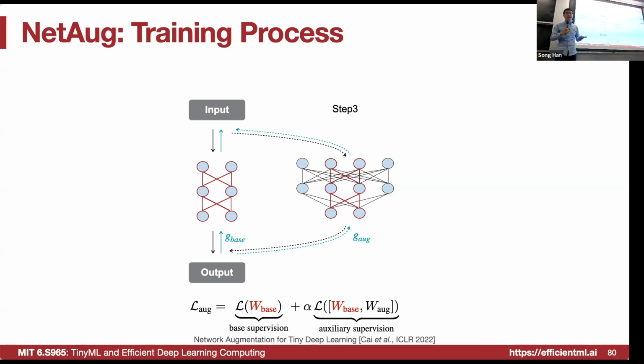Say you are stuck in a saddle point, and suddenly you get another degree of freedom, so you can continue to go to a lower optimal place. But at inference time, we get rid of those extra capacity and extra parameters. Very good question.